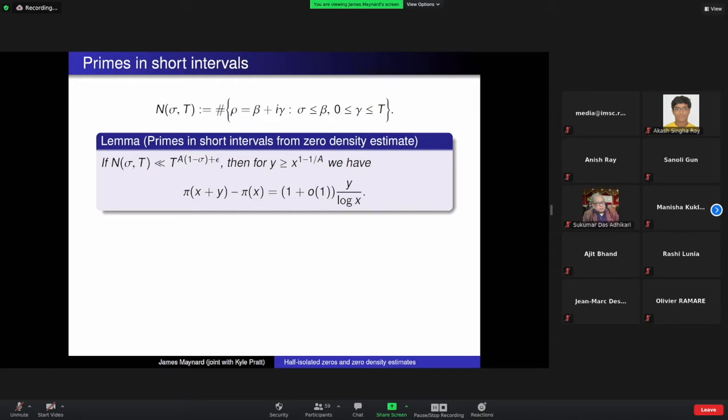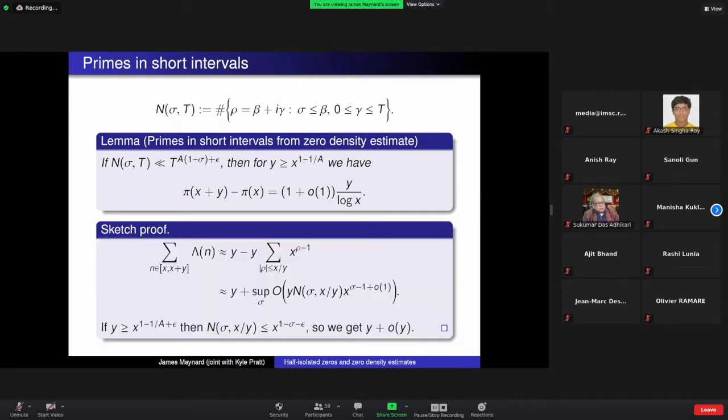The proof of this is very short, and it's maybe quite illustrative for some of the things I would like to say later on in this talk. So I thought I would give a three-line sketch. You want to understand primes in short intervals, so it's sufficient to understand the von Mangoldt function in short intervals.